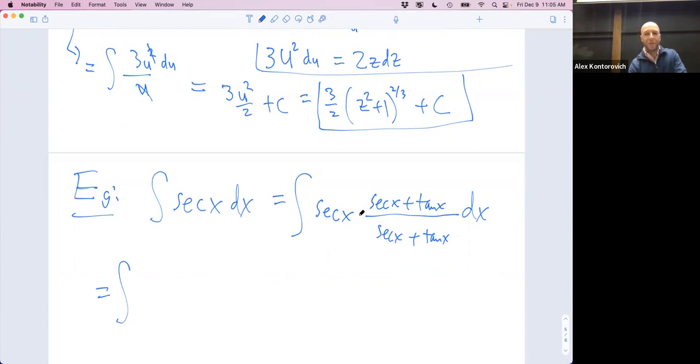Let me put parentheses here, because many of you would not put parentheses. I have secant squared x plus secant tan x all over secant x plus tan x.